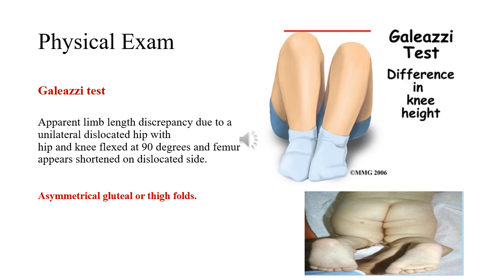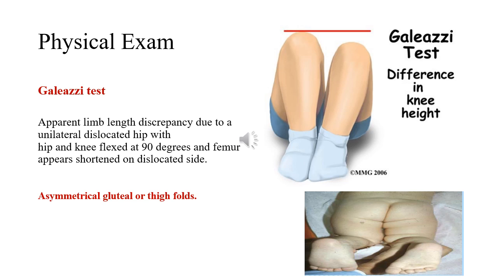Please note that if the child has a dislocated hip, the affected limb will be shorter than the other side, and this will cause a leg length discrepancy. And this first test, the Galeazzi test, is designed to check for leg length discrepancy.